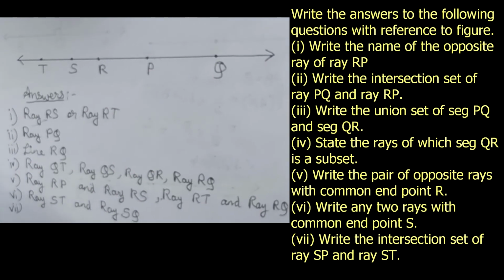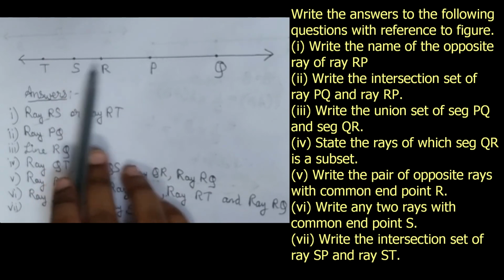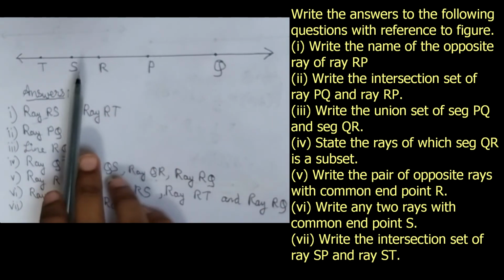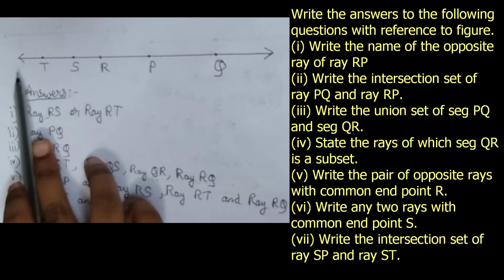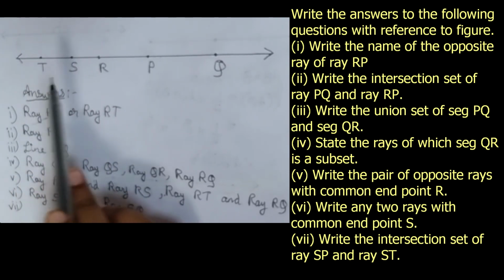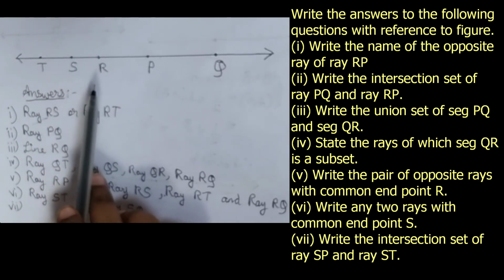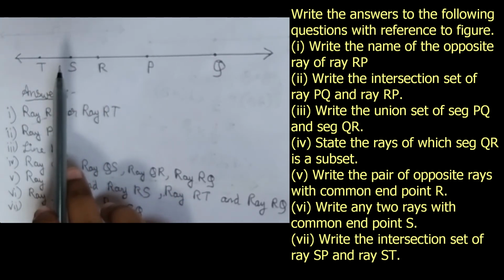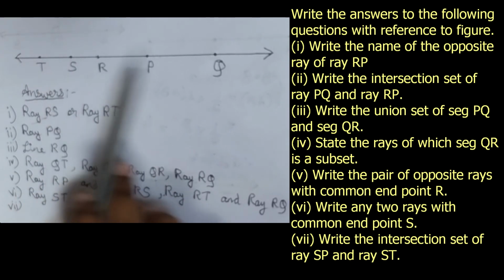Write the intersection set of ray SP and ray ST. Now ray SP is this ray and ST is this ray. Intersection means common points. What is the common point in these two rays?